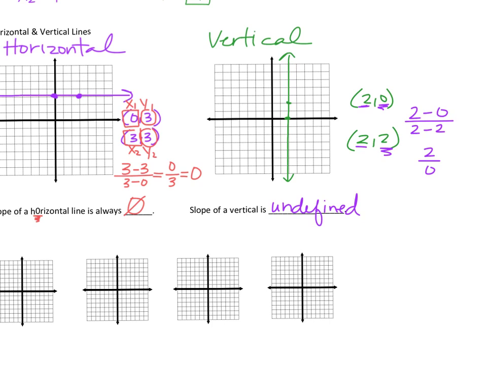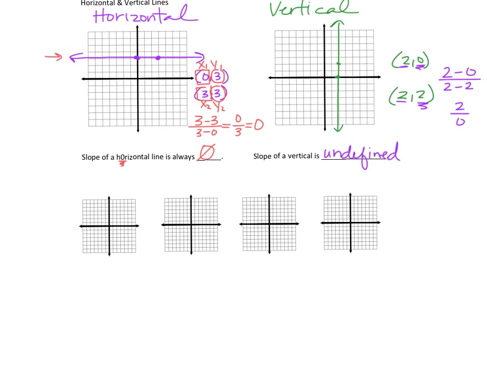So keep in mind, when you have a vertical line, you're not going to be able to plug it into your calculator. It will always be undefined. You just write undefined, okay? Slope of a vertical line is always undefined.